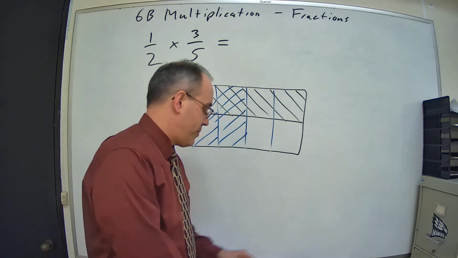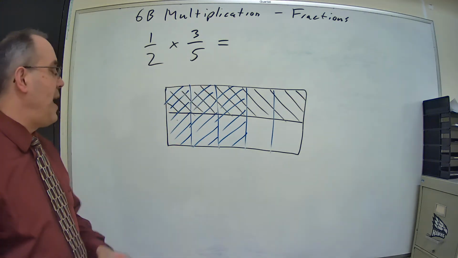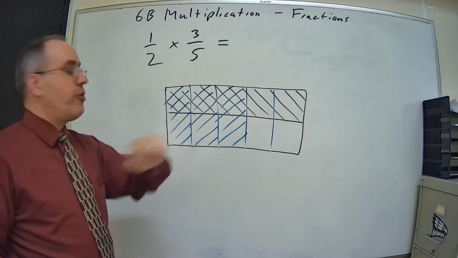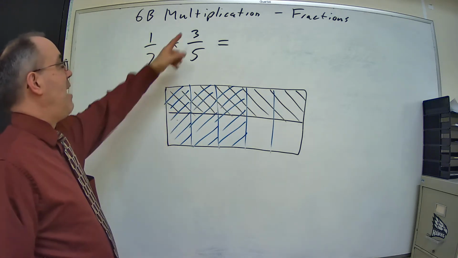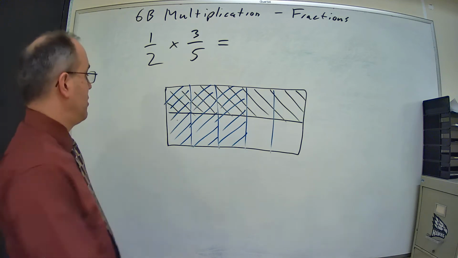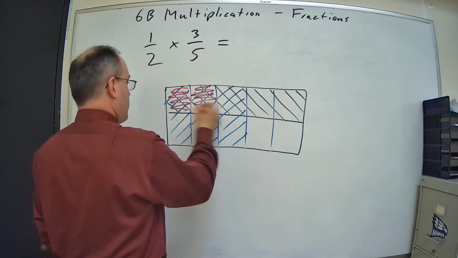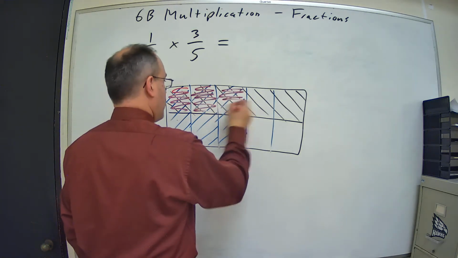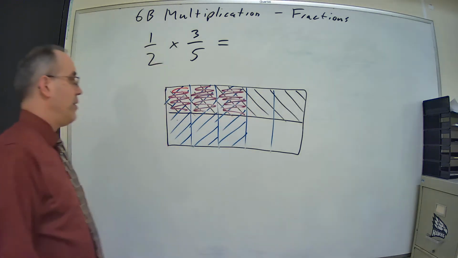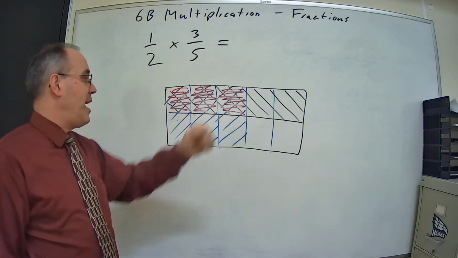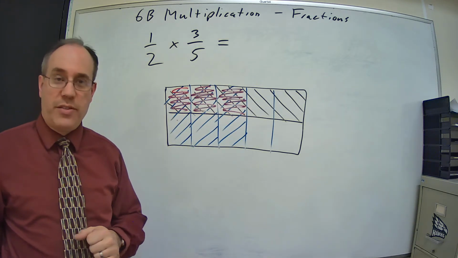Now, what I'm going to do is I'm going to look at these and say, okay, well, which ones were colored in by both 1/2 and 3/5? Well, that's this one, and this one. Right? Those are the ones that were colored in by both, they're part of the 1/2, and they're part of the 3/5.